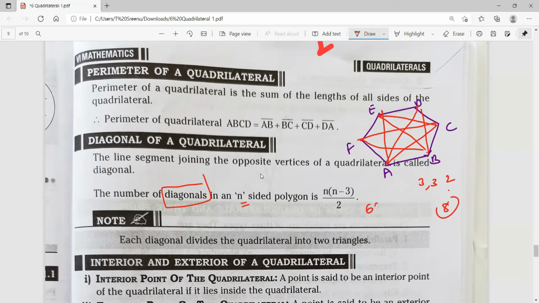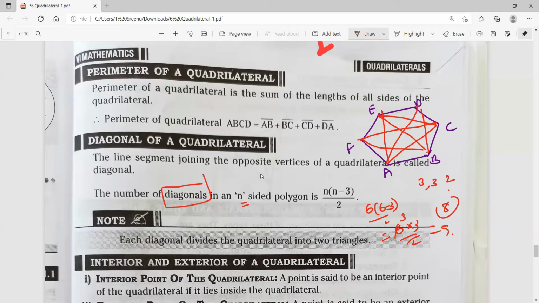Let's check the formula: 6 into (6 minus 3) by 2, 6 into 3 by 2. Here 3 times 3 is 9. Then where is the other one? Just check it out, the ninth one. We got only 6 plus 2 here. 1, 2, 3 and 4 is here. Next 1, 2, 3.